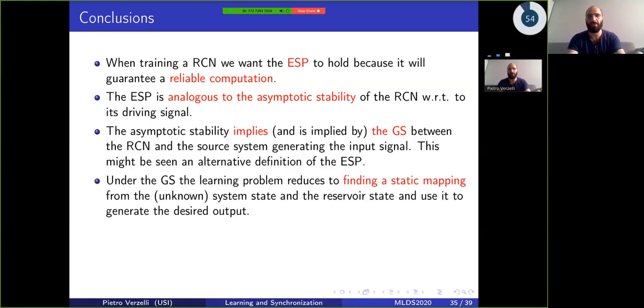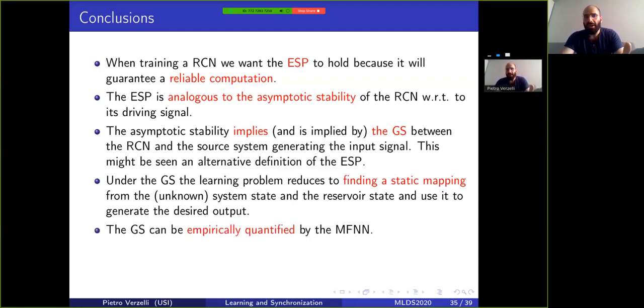And because under the generalized synchronization, the learning problem reduces to finding a static mapping, and you are guaranteed that this map exists, and you can hope to approximate it or find it in some sense.